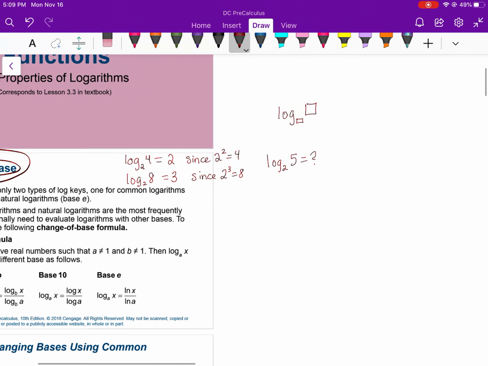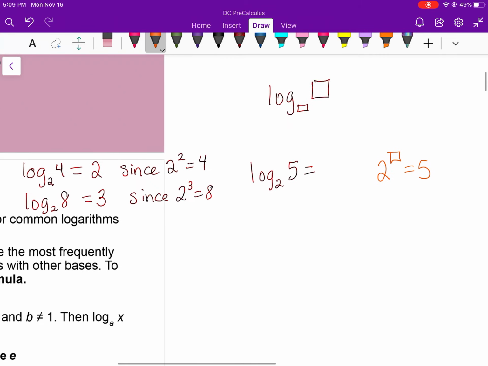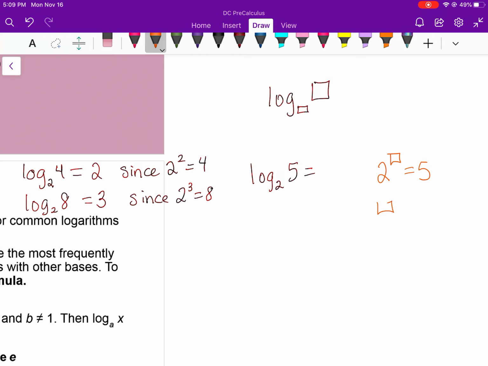And change of base is going to allow you to find these exponents that you can't just sort out by looking at the problem. For example, I know that 2 to some exponent is 5. I know that what goes in the box has to be between the numbers 2 and 3, because 5 is a number between 4 and 8.